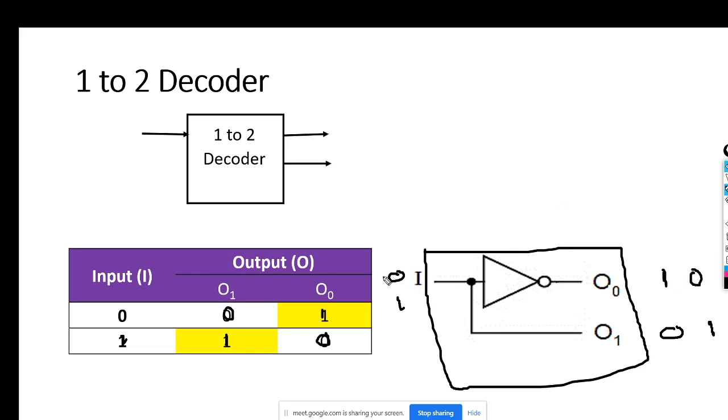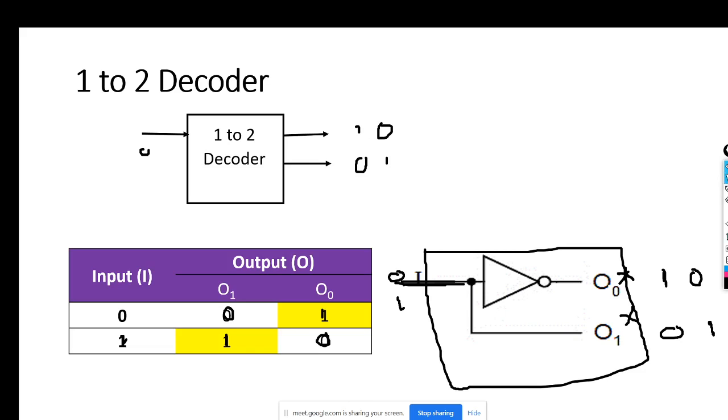Whatever one you want, you can take. So just one will be 1, the other one will be 0. To enable either this one or this one, I just need one line of control, not two lines of control. So that is called a 1 to 2 decoder.